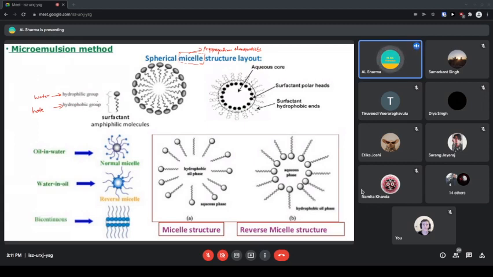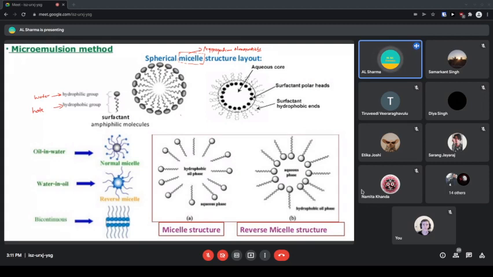But here we are talking about the group, whether it is going to head towards the water or turn away from the water. It depends on the situation, whether your materials are going to spread over the liquid, or make a droplet over the surface of the liquid.